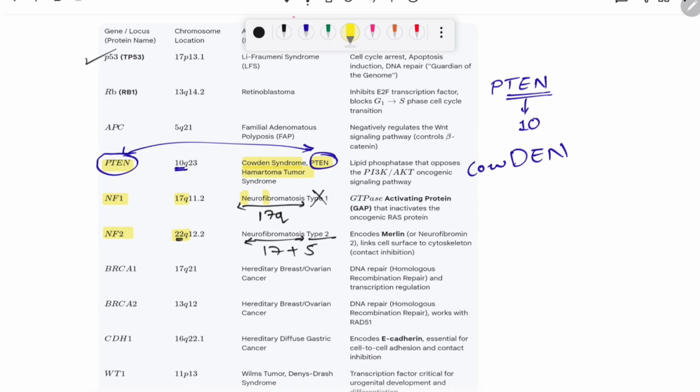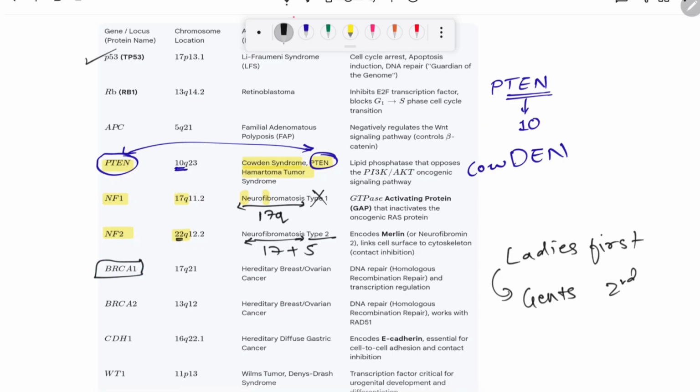Now moving to the next genes, that is BRCA1 called as BRCA1 and BRCA2 called as BRCA2. So you have to remember the mnemonic, that is ladies first. So obviously second will be gents, so gents are second. BRCA1 defect can cause breast cancer.